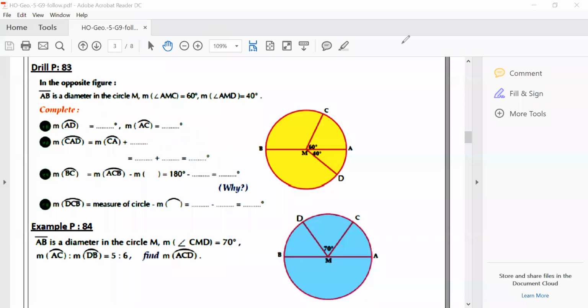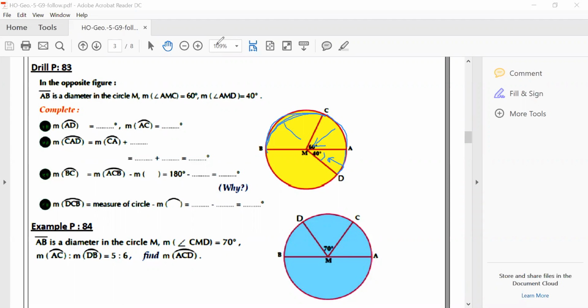Where is BC arc? Equal what? We said that the measure of the arc equals the opposite what? AC opposite, and AC, we said it is opposite to 60, so it is equal 60. AD opposite to 40, so it is equal 40.